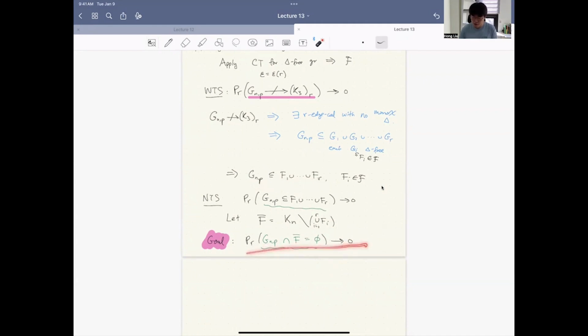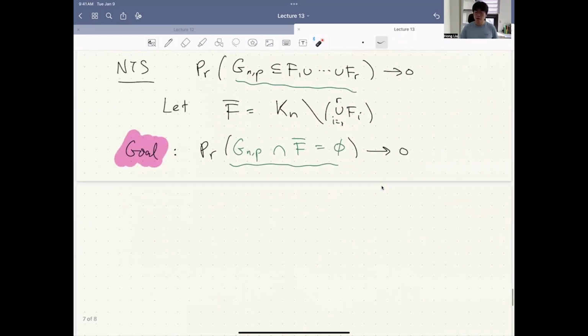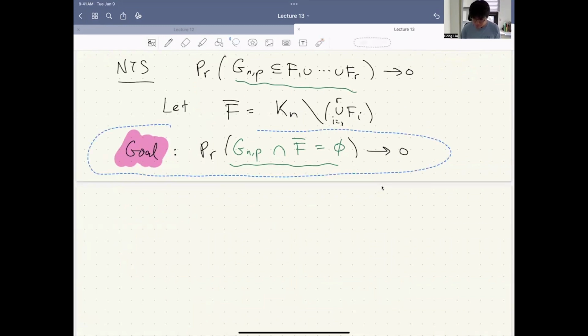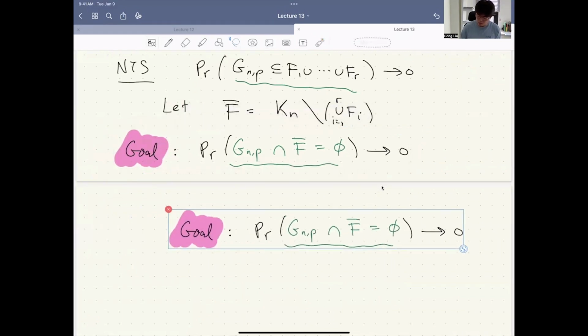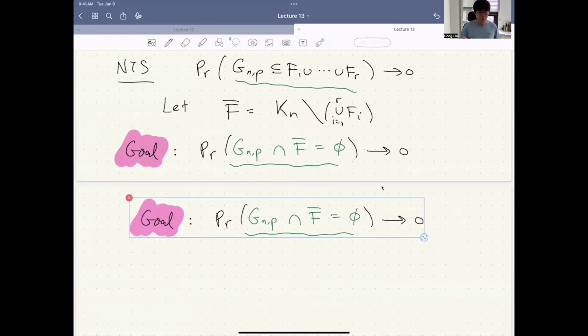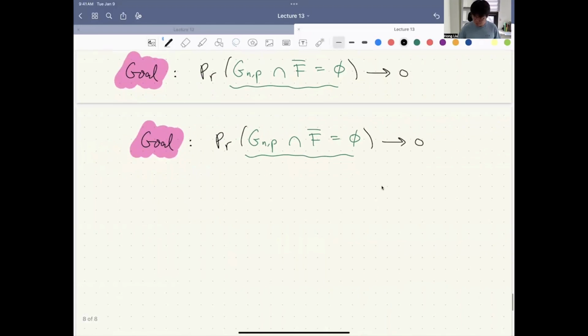Okay, we want to prove this is tending to 0. And here, all we need to do is show, let me copy this, to use Ramsey supersaturation to say that this complementary graph is too dense to miss. What does it mean F bar is too dense to miss?